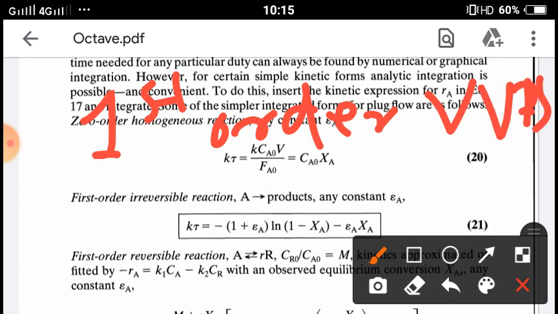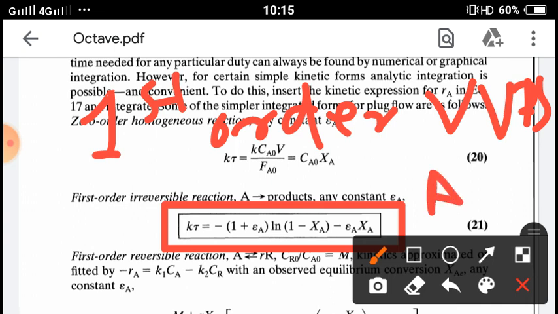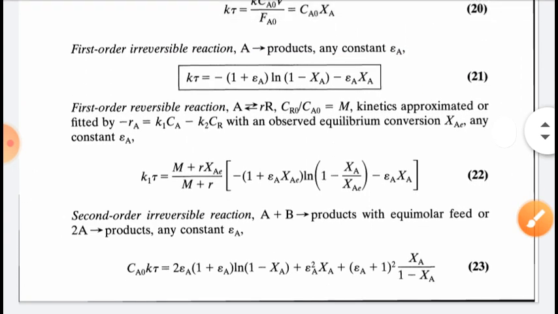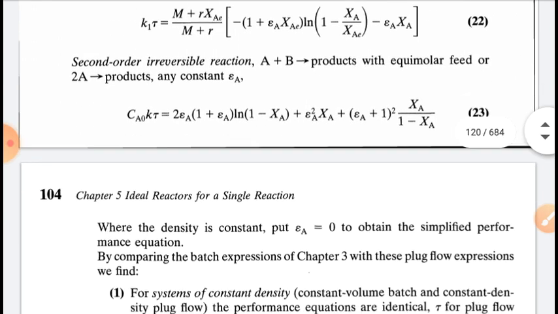That means my volume is changing over here, and my final rate expression is this. Then just like that I will talk about the second order, and there is a rate expression given over here for the second order as well.